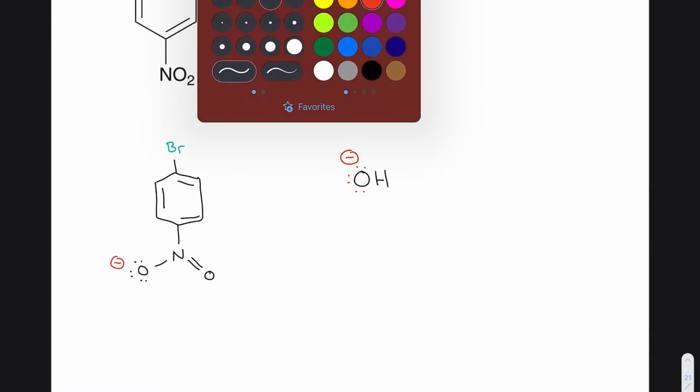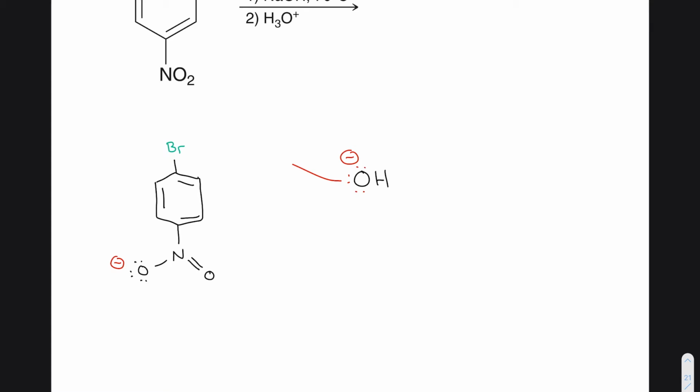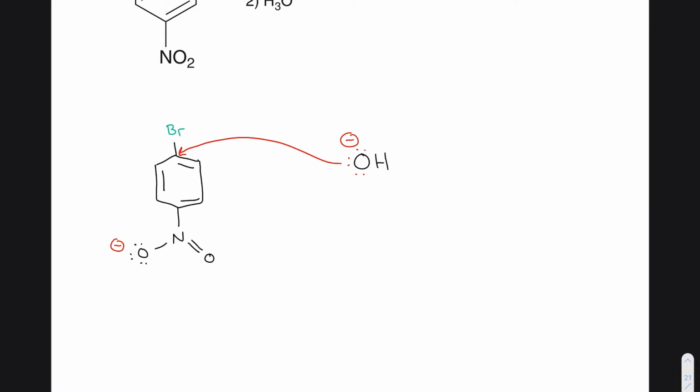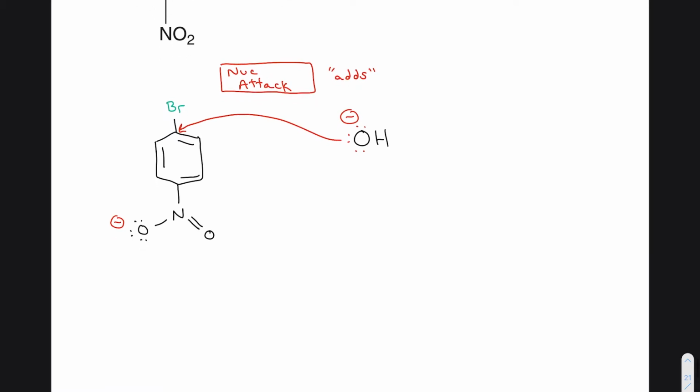And our nucleophile, in our first step, we'll do nucleophilic attack. It will attack the carbon that has that leaving group on it. So that's our curved arrow pattern, nucleophilic attack. Remember, in terms of storytelling, nucleophilic attack adds. It adds a molecule onto another molecule.